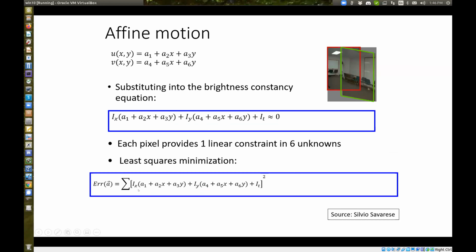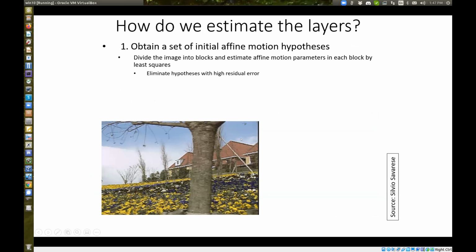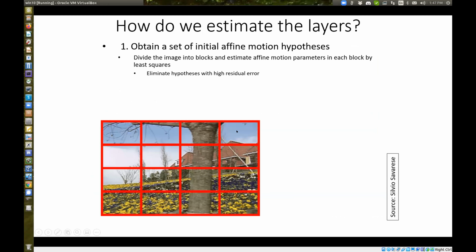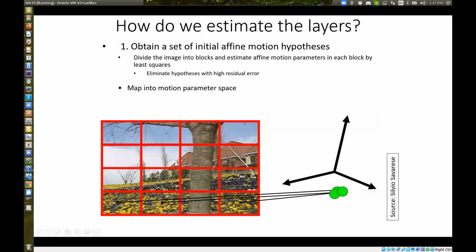We have different pixels with the same A, and so on. For example, we can take, again like Lucas-Kanade, a window, say 5 by 5, and assume each of them has the same A1, A2, and so on. Then we have 25 equations but only 6 unknowns, so we can solve this. Afterward, we can just group them together.